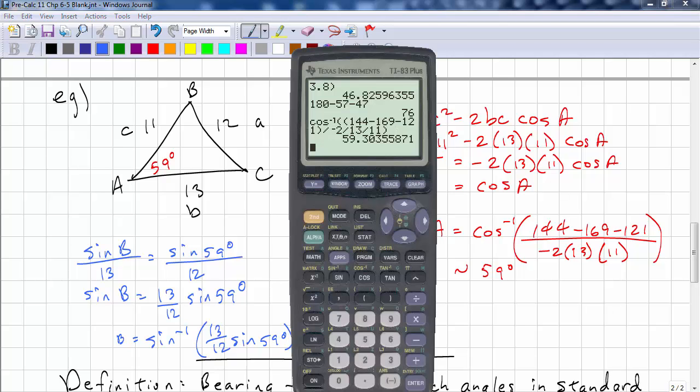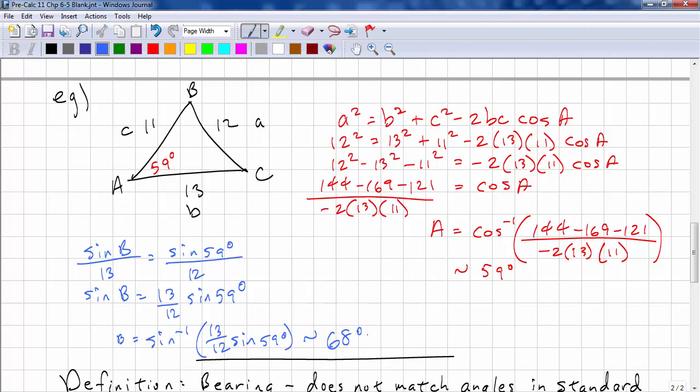And that's going to be approximately inverse sine 13 divided by 12 times sine 59, and we get 68 degrees. And finally, we can calculate C using the 180 degree property. And that's 61 degrees.